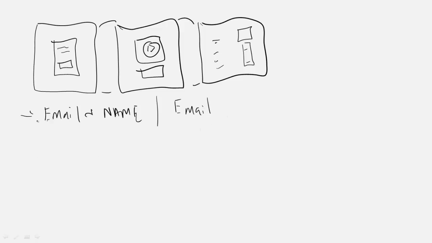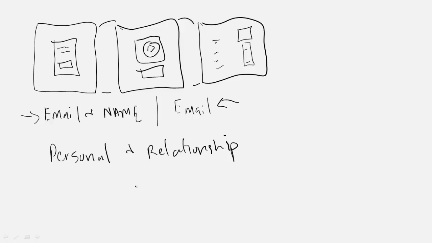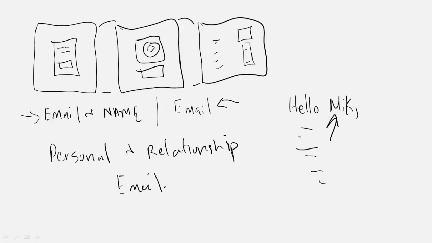But I say that doing that is actually wrong, because you can't become personal with that person, and you can't build a relationship if all you have is an email. You can't say, hello, Mike, and address that content to Mike.